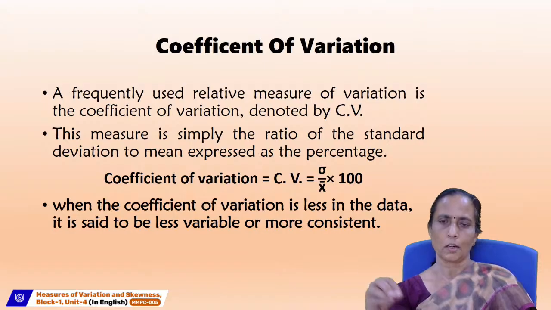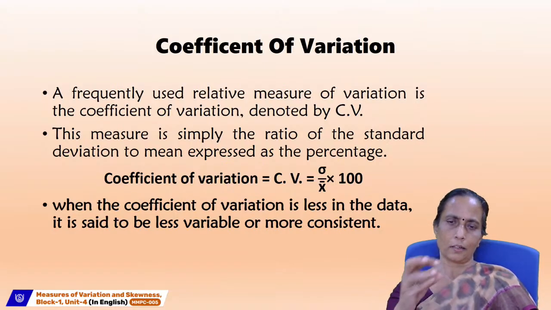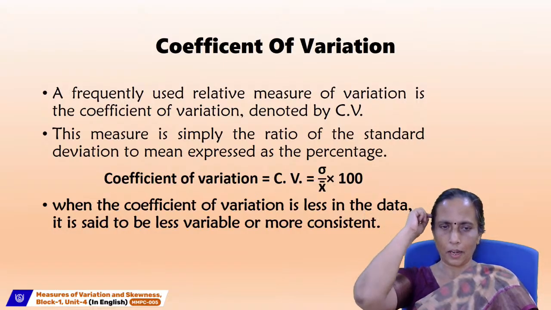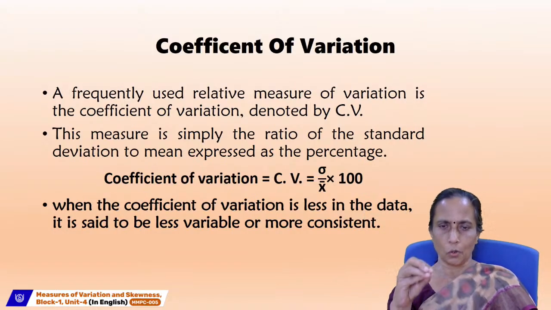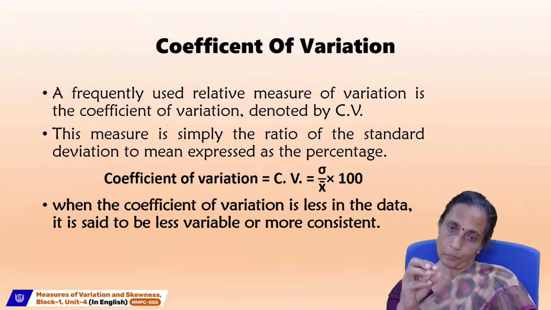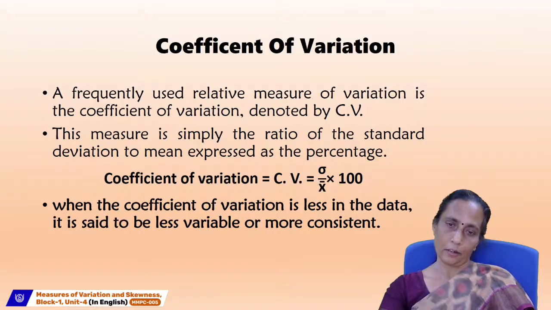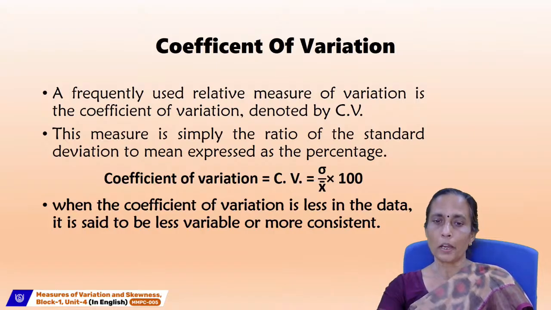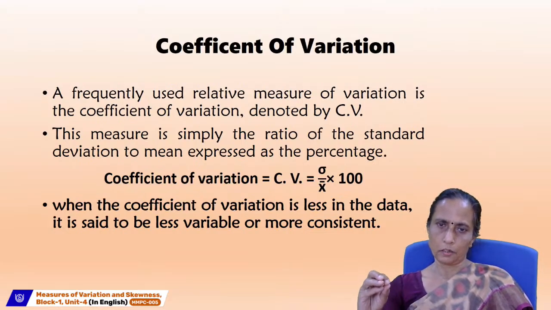Follow the same procedure for the second product and the third product. Then compute the coefficient of variation for each of your sales data and find which sales data results in the minimum coefficient of variation. The lesser the coefficient of variation, the more consistent is your product. This is the basic use of your coefficient of variation.